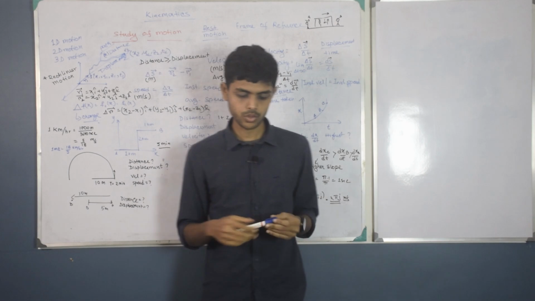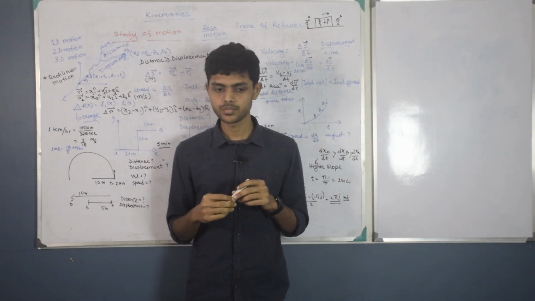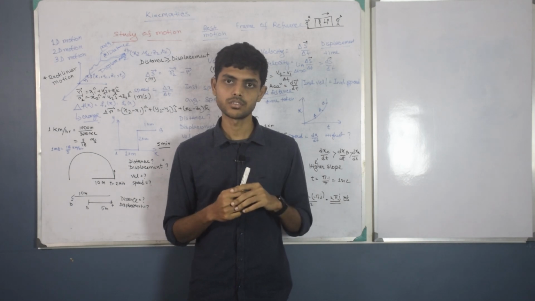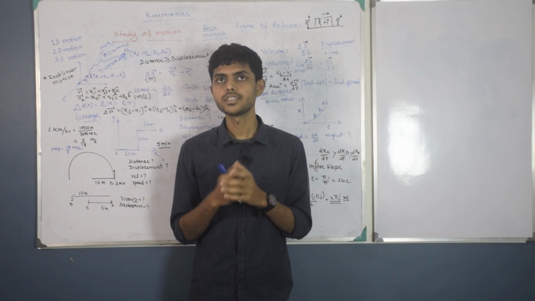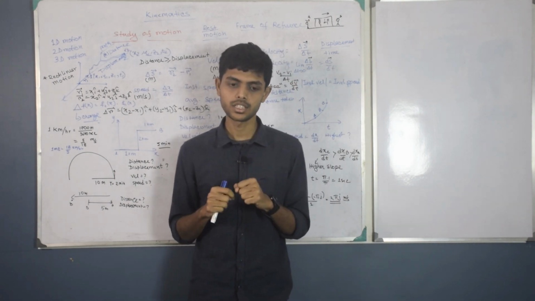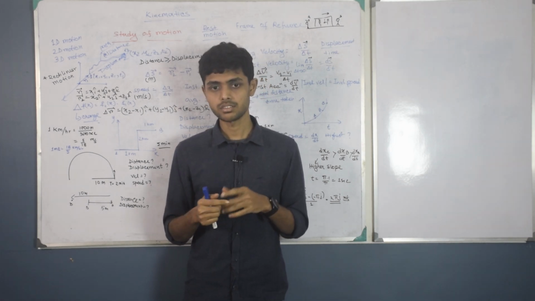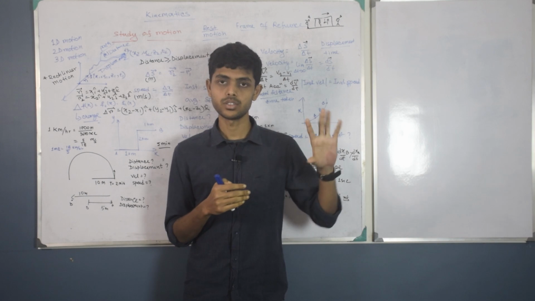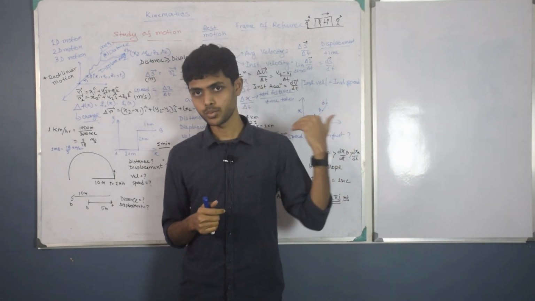Now, as we are talking about motion, rest and motion, the frame from which we are seeing the whole phenomenon is the reference frame. We take a frame of reference. Like if I am sitting on a train and the train is moving, then from the train I will see the trees and houses moving backward.